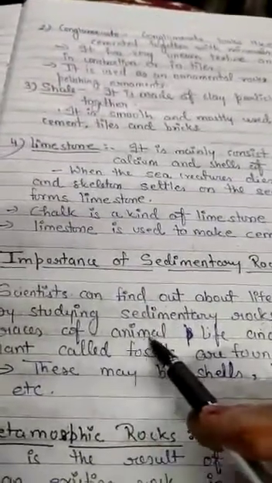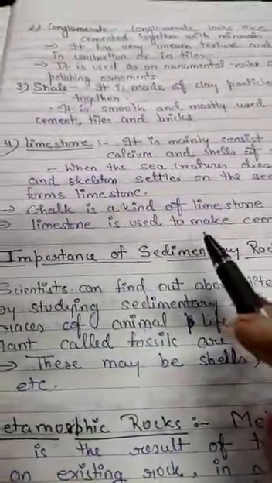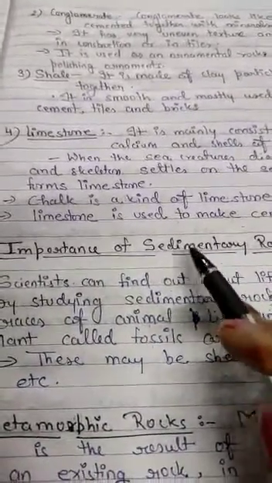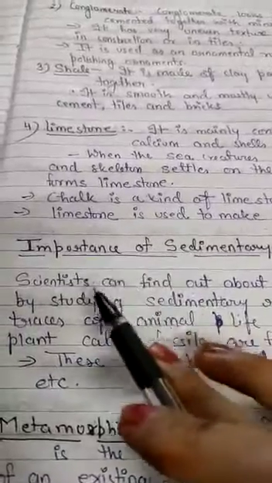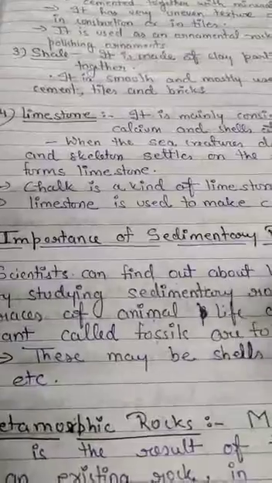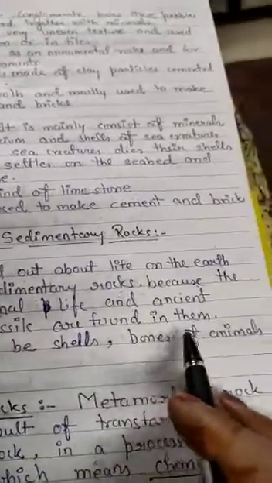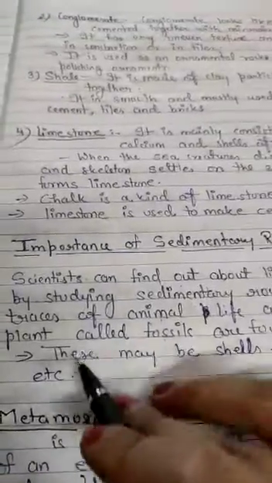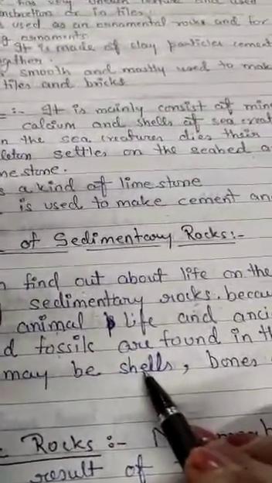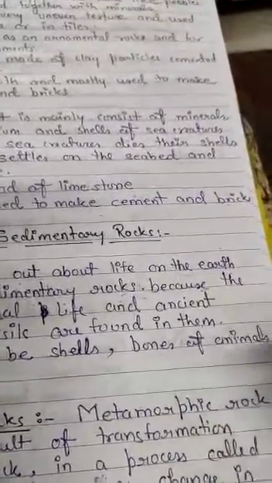So the traces of animals' life or ancient plants found in the sedimentary rocks help them to study how old the rock is and what sort of life was there. These may be shells, bones of animals, etc. They do their studies with the help of shells present in the sedimentary rocks, bones of the animals, or leaves of the plants.